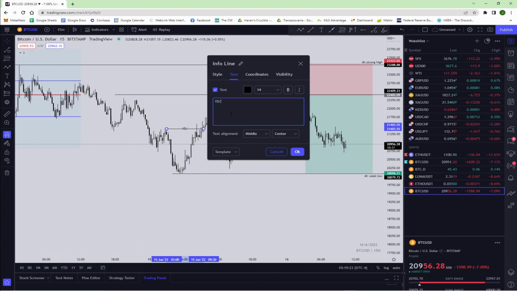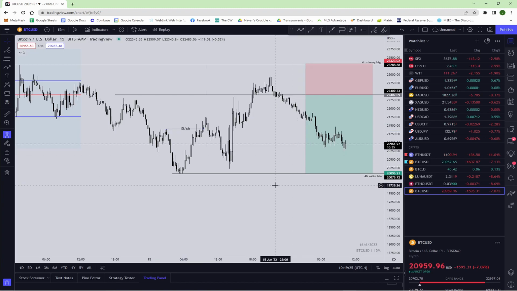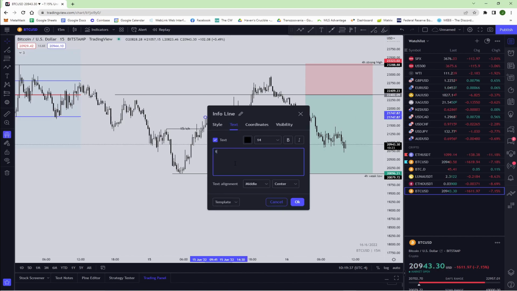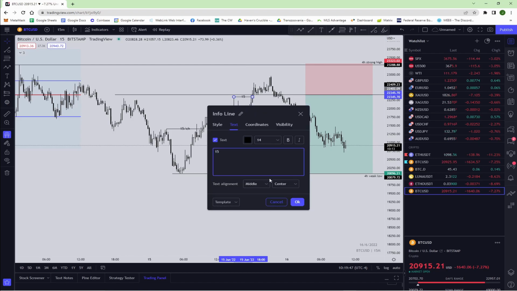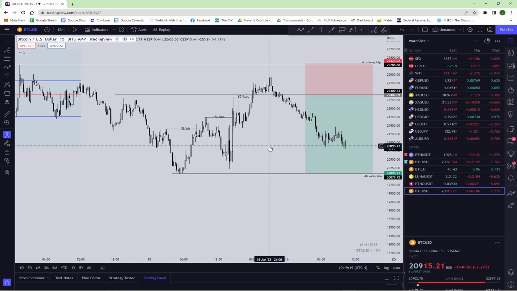This is a 15-minute CHoCH. Then the low was here, came back up, we broke structure right here on the 15-minute. This is a 15-minute BOS. We pulled back again, broke structure again, right here. 15-minute BOS. Our low is this level right here. This is our strong low.